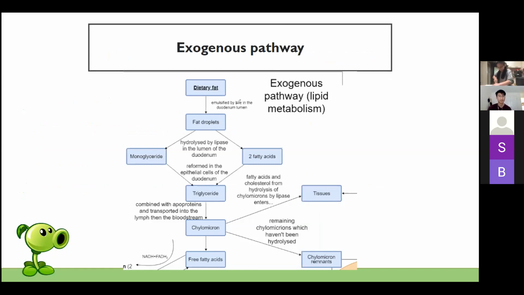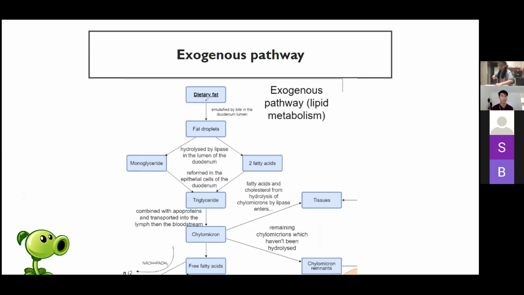So this is just a little screenshot of the flow chart, a little section. The important part is that the droplets get broken down, but then they get recombined as well. I guess that's something you need to remember. Lipase too, I think they quite often ask what enzyme is involved, so it's good to remember.